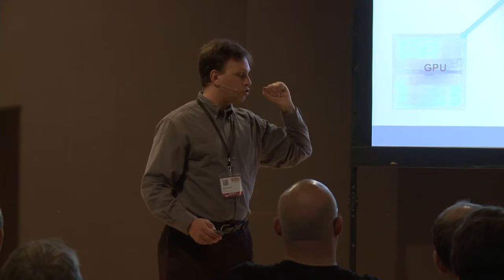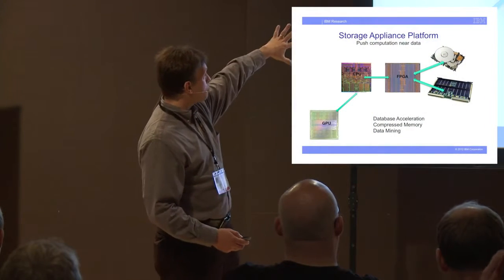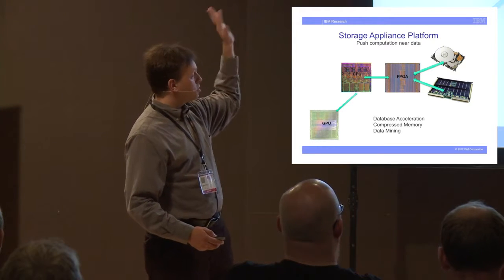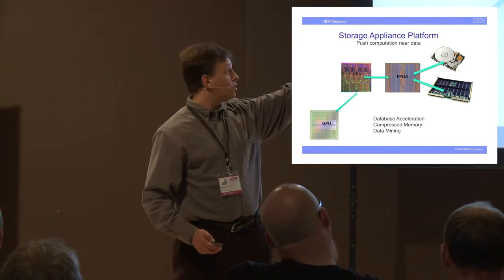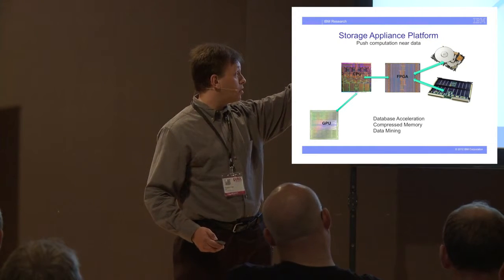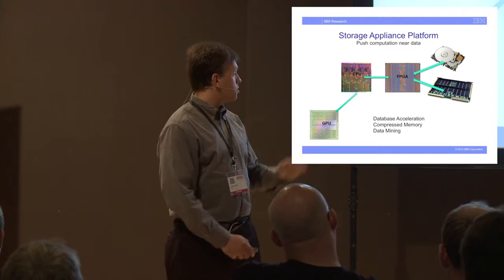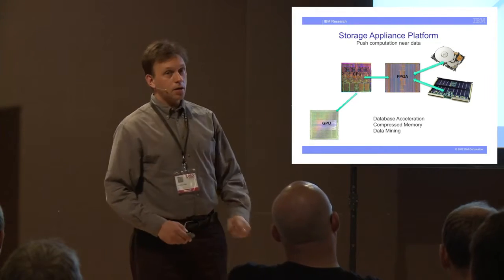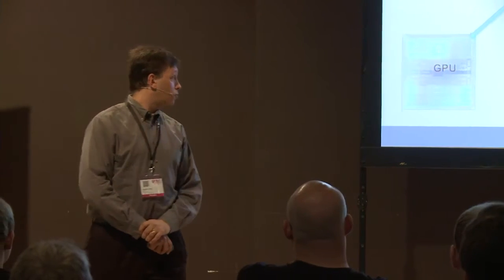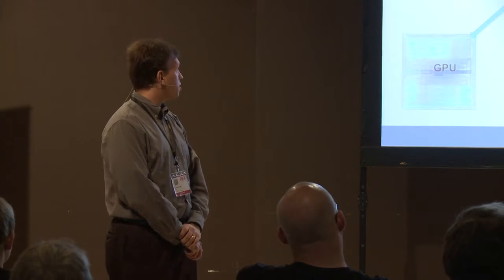And if you can do some of your query processing very close to the storage, you can reduce the bandwidth demands on your system bus, and you can offload a lot of your data processing in your big data world very close to storage. So this is what we call the storage appliance platform. This is very popular right now in big data database applications and so forth, and it just has advantages. IBM certainly has some offerings in this as well as other companies.